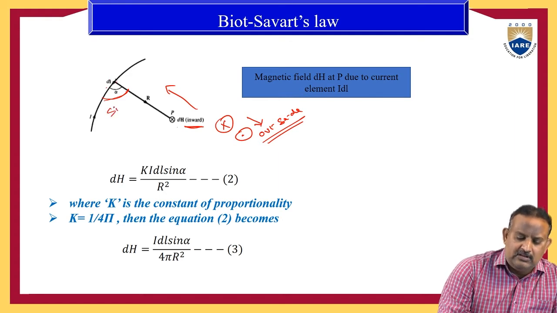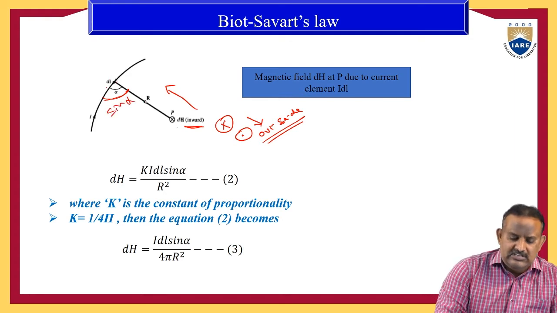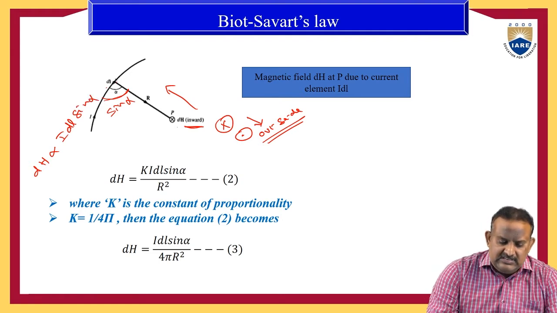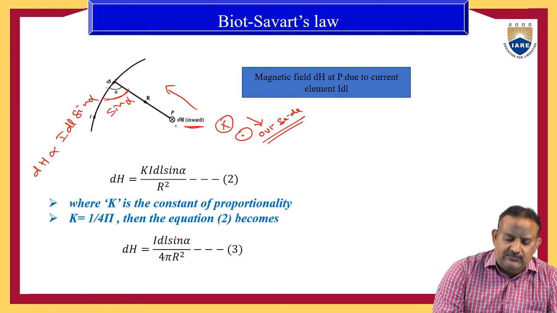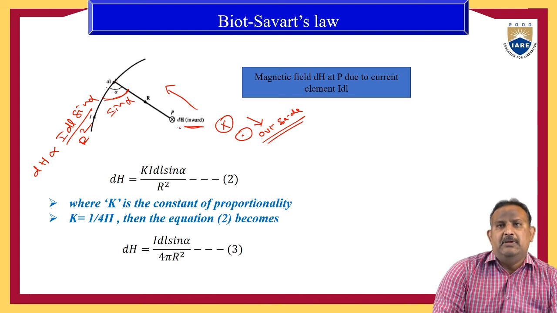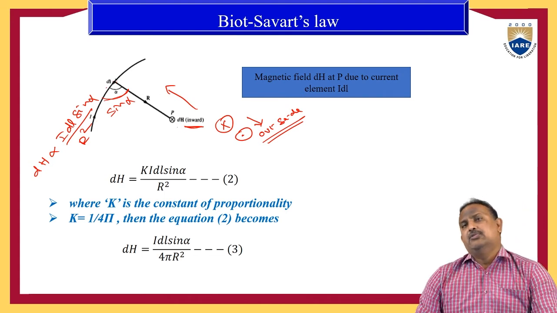Let us assume sine alpha. So dH is proportional to Idl sine alpha. If we assume the distance between the magnetic field point and the current element is r, it is inversely proportional to the square of the distance between the current element Idl and point P. So this is about Biot-Savart's law.